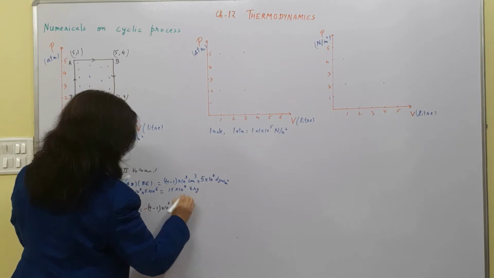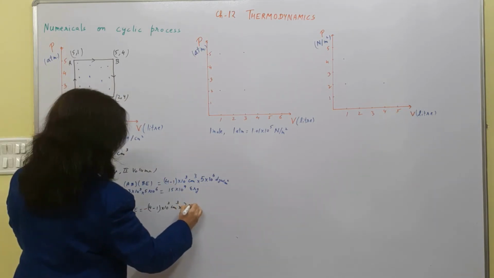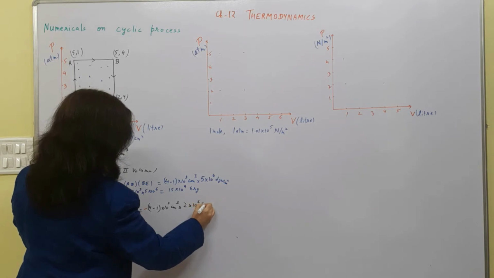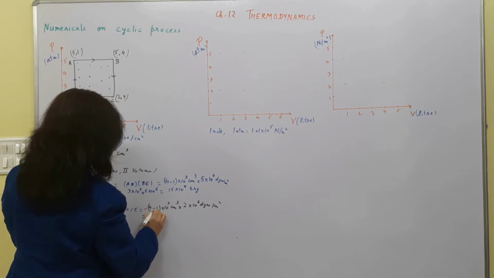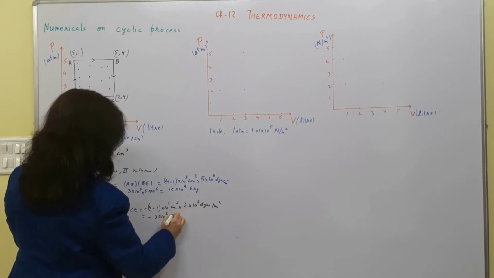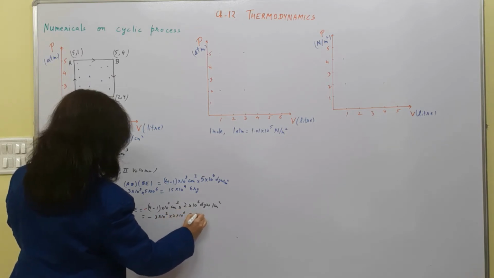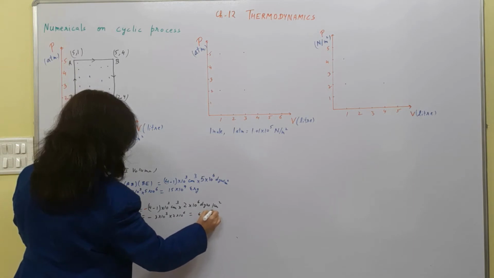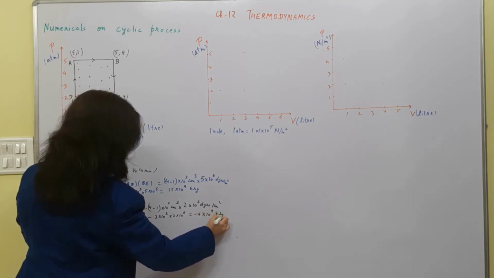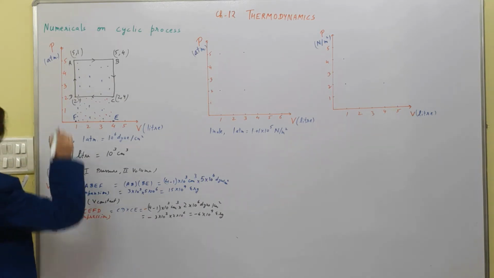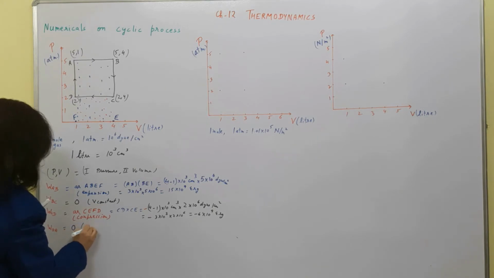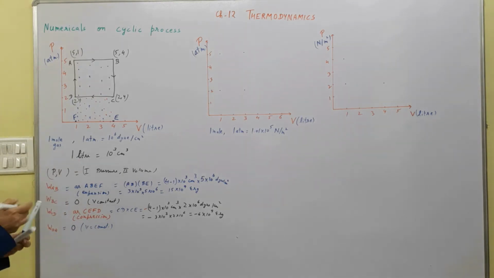So 1 atmosphere is this much dyne, so 2 into 10 to the power 6 dyne per centimeter square. So this gives me the answer minus, 3 into 10 to the power 3 into 2 into 10 to the power 6. So this gives me 6 into 10 to the power 9, but with minus sign, right? Then we talk about WDA. Again volume constant. So this work done is also 0 as volume is constant. So total work done in the cycle.